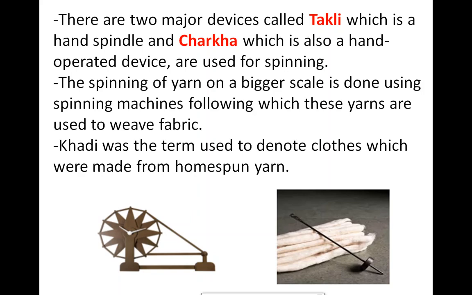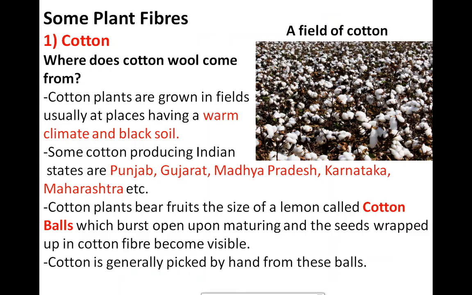From that we take out the fibers from cotton wool, and then we twist those fibers. You know the wicks for an oil lamp, which in Marathi we call wat. Like that, we take the fibers from the cotton balls, twist them and do the spinning process. And after the spinning process, we get our yarn. I have already mentioned this.